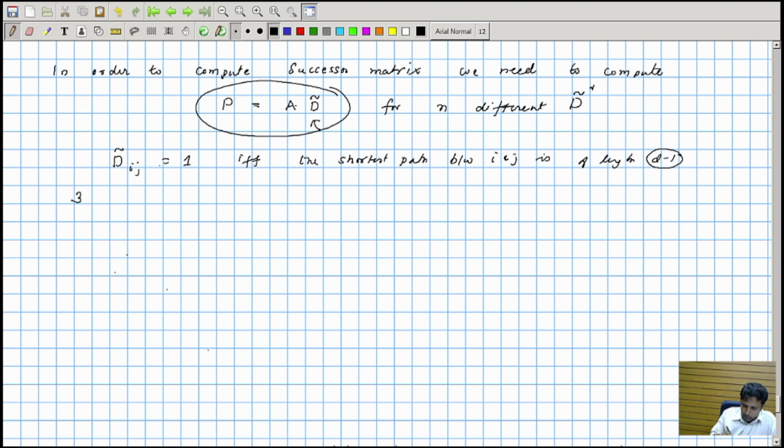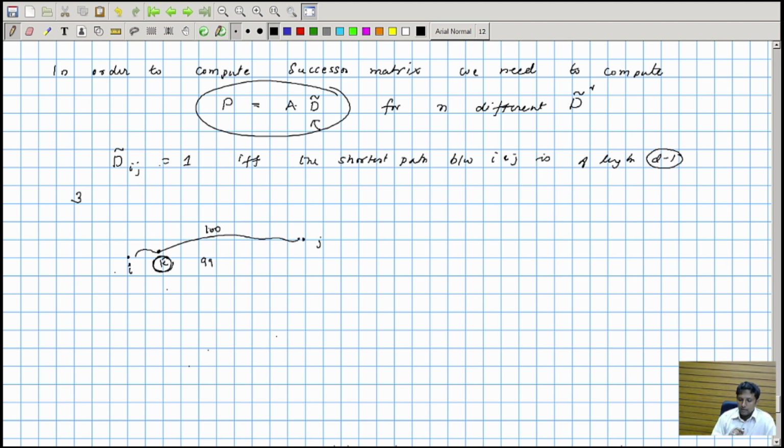Let's look at the following problem. Here is a vertex i and here is a vertex j, and we know that the distance between them is, let's say, 100. We want to know if there is a neighbor k such that the distance from k to j is 99.